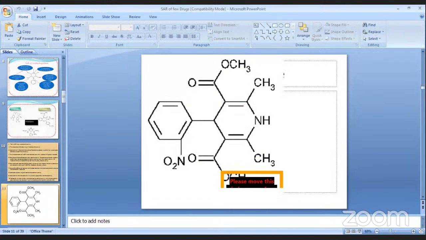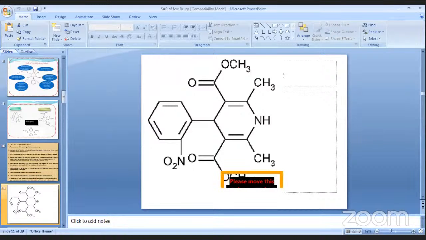Next, I am giving you the structure of nifedipine. A nitro group is there, methyl groups at 2 and 6, and ester groups at the 3 and 5 positions, and at 4 the phenyl ring, a benzene ring, is attached. It is one of the primitive types of antihypertensive drugs, and the basic moiety is 1,4-dihydropyridine.